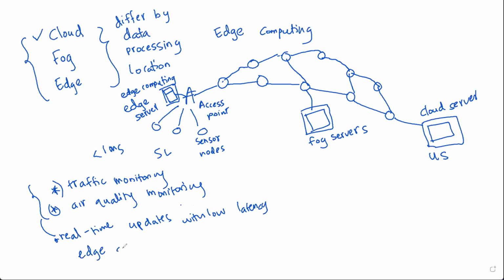The edge server might not be as efficient as the cloud server. At the access point, we cannot install a high number of computational servers. So it may not be capable of doing very high computationally costly tasks.